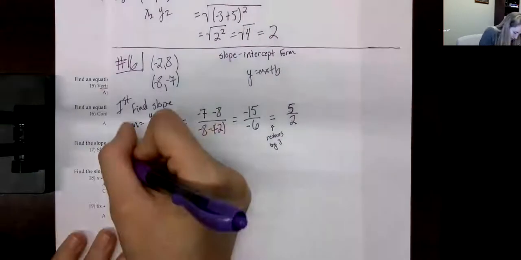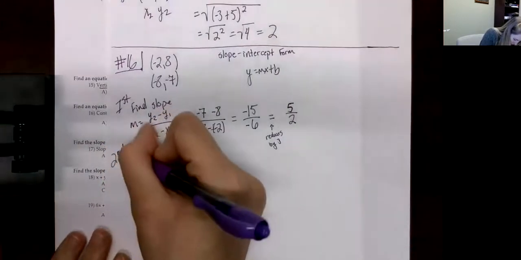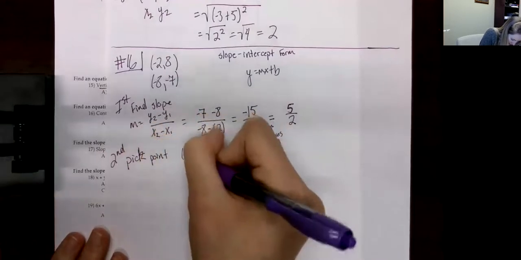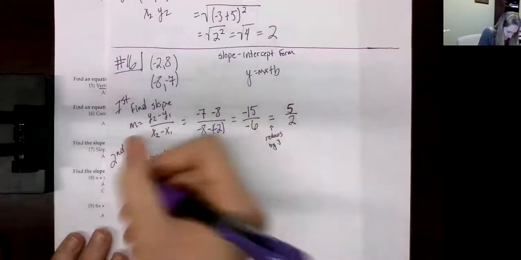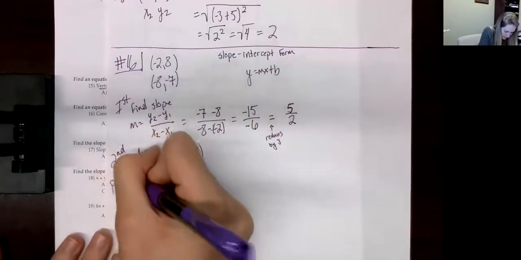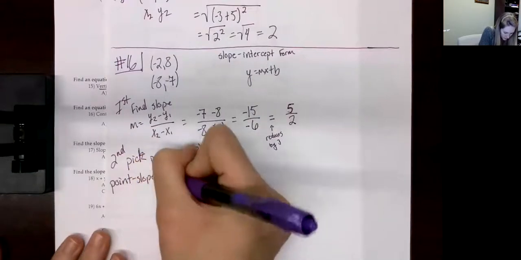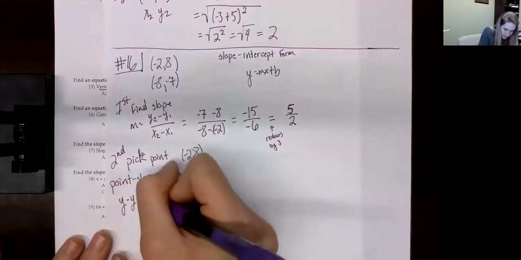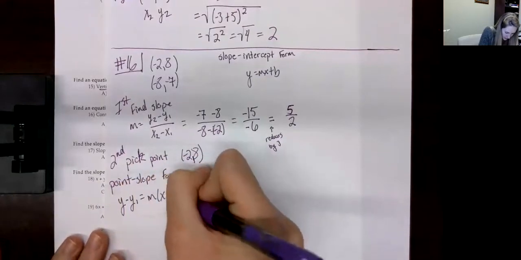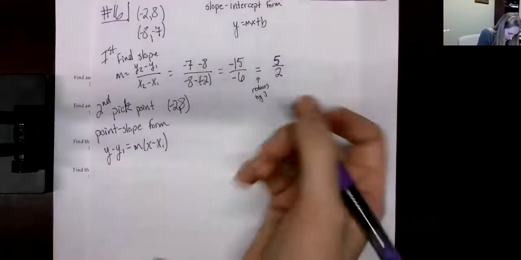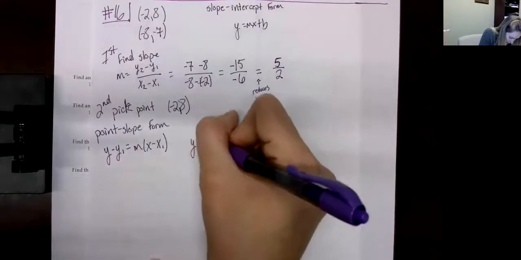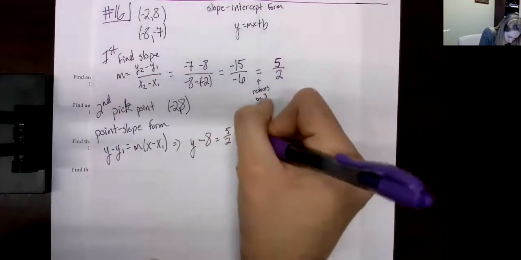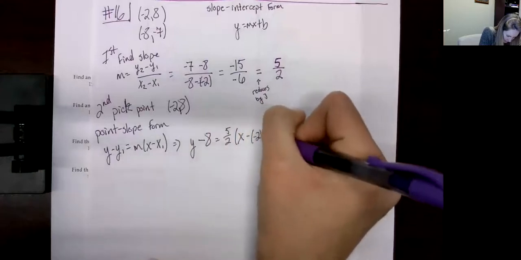Then second, pick a point. I'm going to use negative 2, 8. And we need to use point slope form, which is y subtract y1 equals m times x subtract x1. So y subtract our y value equals our slope times x subtract our x value.